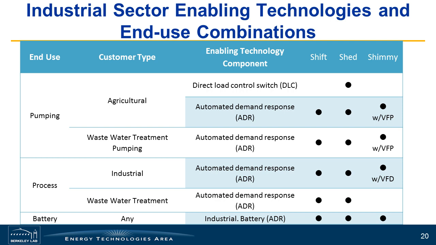All right, and then finally, finishing up with our industrial sector end uses. Once again, the industrial sector has an incredible potential for automation. In particular, if we can identify discretionary load, we can install things like variable frequency pumps, which is what VFP stands for, along with variable frequency drives.